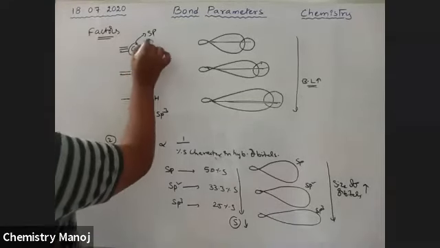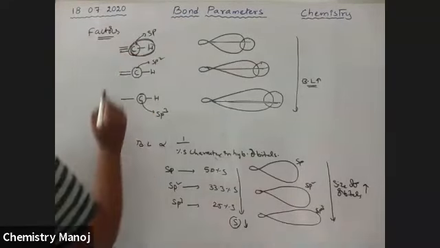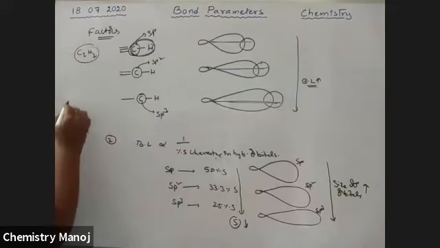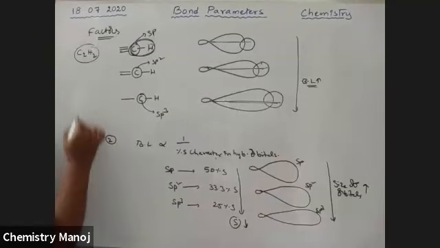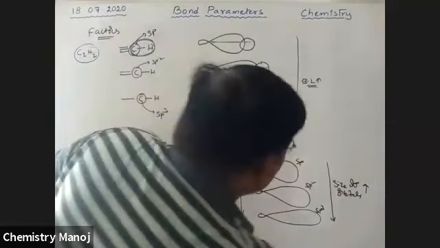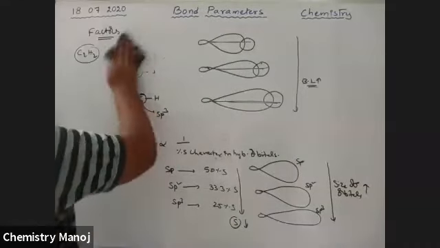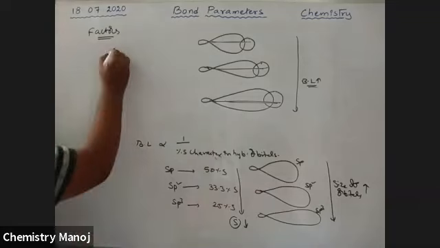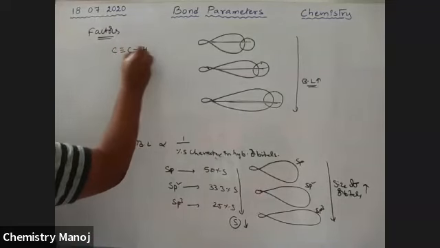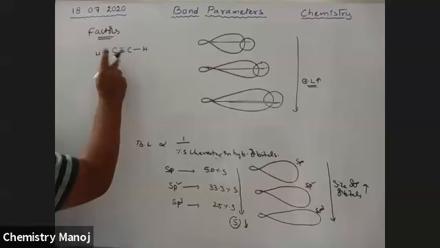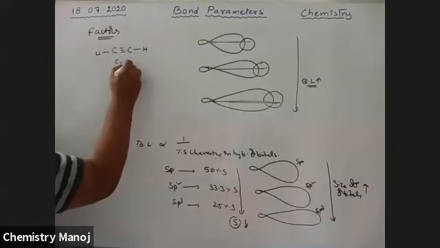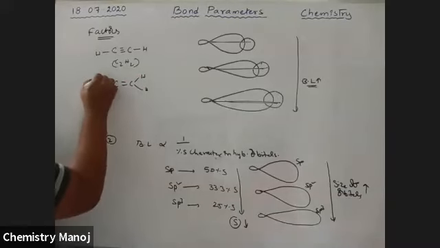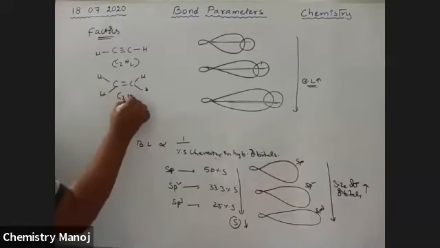Therefore, the CH bond length in C2H2, where carbon is in sp hybridization, is this C triple bond C H. Next, C double bond C with H and H, it is C2H4.